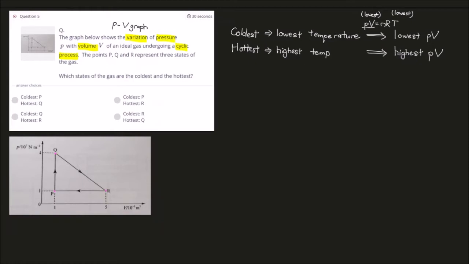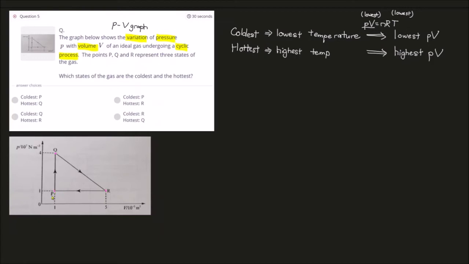Comparing P and Q, P has the smaller pressure. At the same time, if you compare P and R, P has a smaller volume.